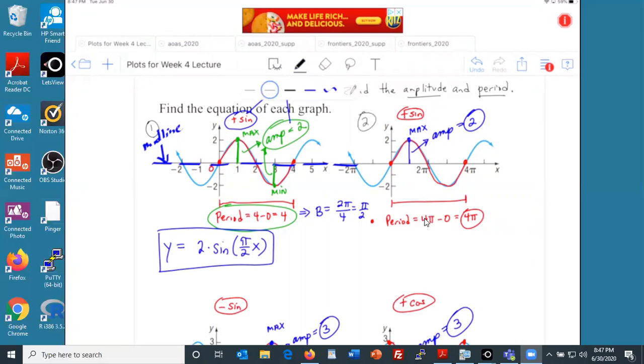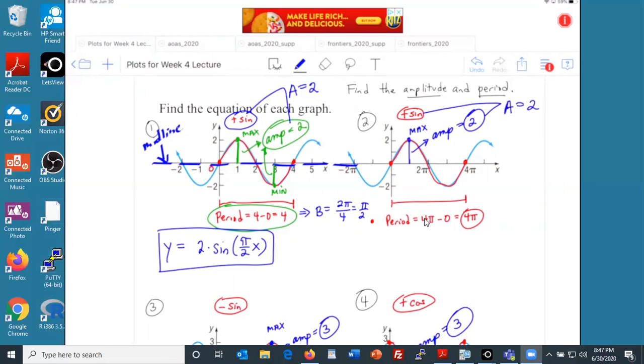Number 2, 3, 4. Okay, so now in number 2, the a value, based on those two things, it's a positive sine function and the amplitude is 2. So the a value would be positive 2. And the period we said was 4 pi.